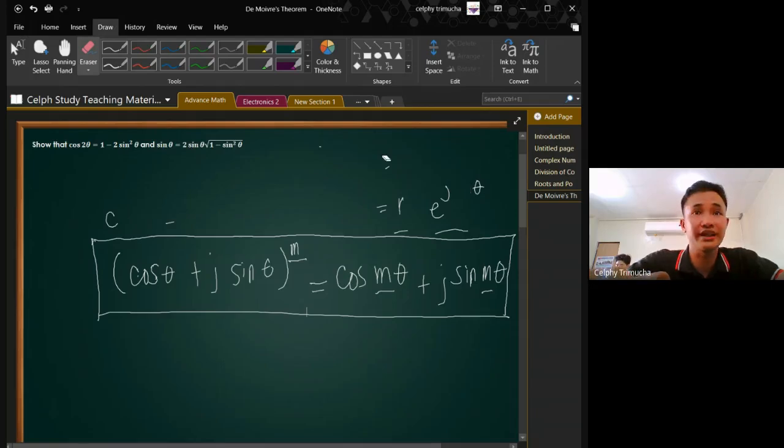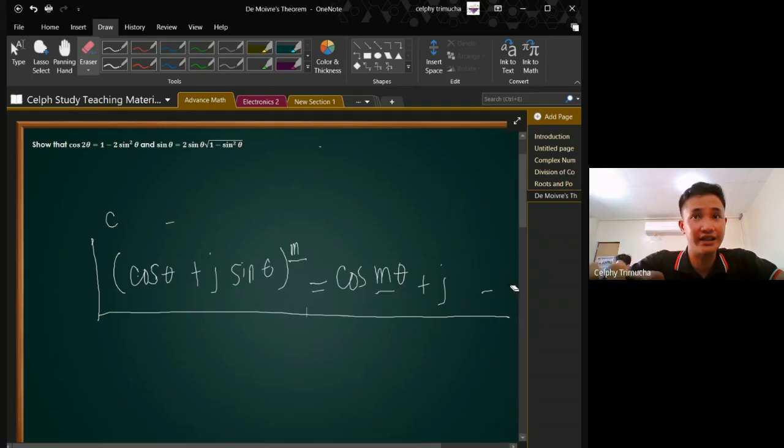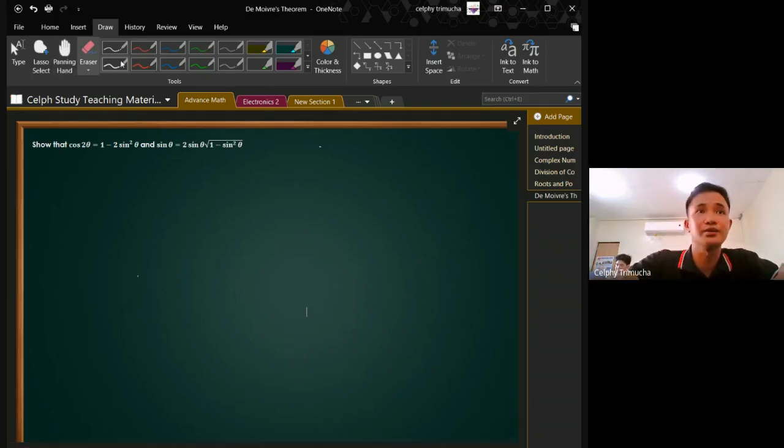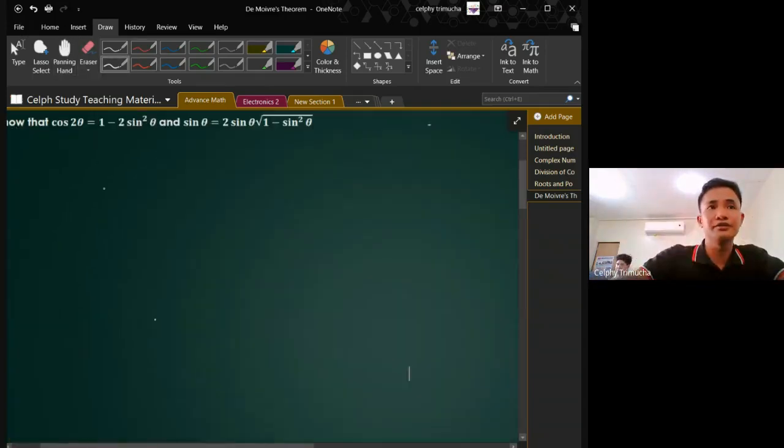Okay, so given that cosine 2 theta is equal to 1 minus 2 sine squared theta and sine 2 theta is equal to 2 sine theta times the square root of 1 minus sine squared theta. So, amo ni aton nga given, no?